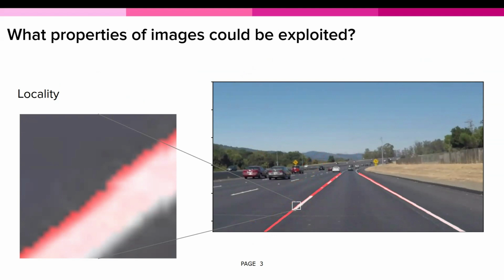We can think a bit about some of the unique properties of image data. For one, if we were to zoom in on some little patch of this image, like this magnified section on the left here, this is the lane marker up close. On one hand, there's a smooth gradient, but then there's a sharp edge as we transition from the lane marker itself in white to the asphalt.